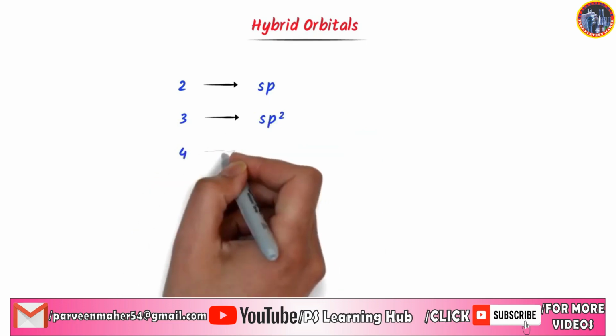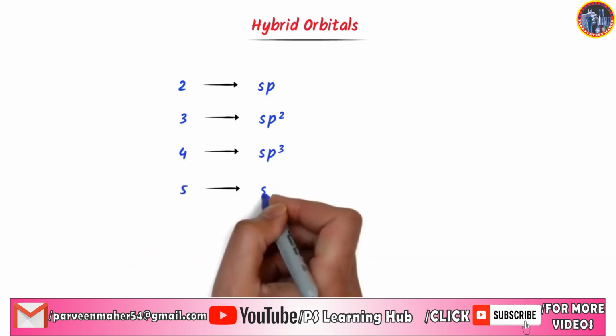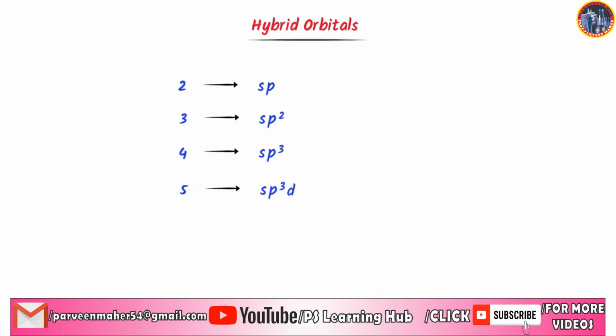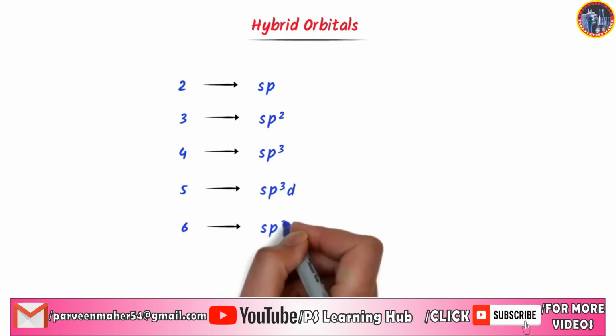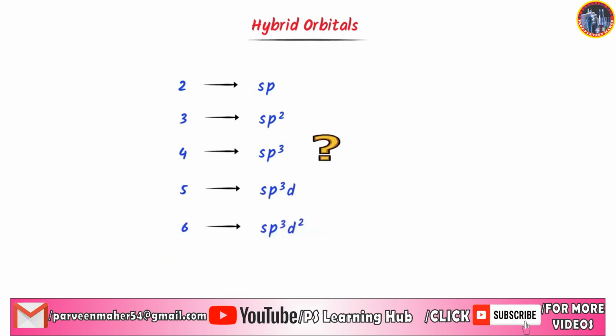If there are 4 orbitals, one is s and 3 are p hybrid orbitals. If there are 5 orbitals, one is s, 3 are p and 1 is d hybrid orbitals. If there are 6 orbitals, one is s, 3 are p and 2 are d hybrid orbitals.